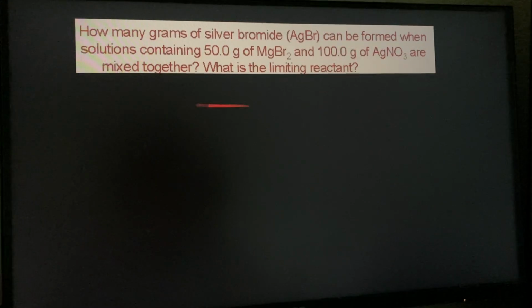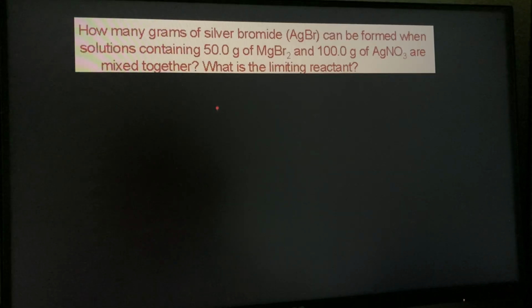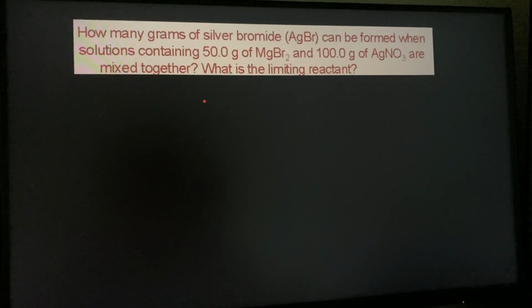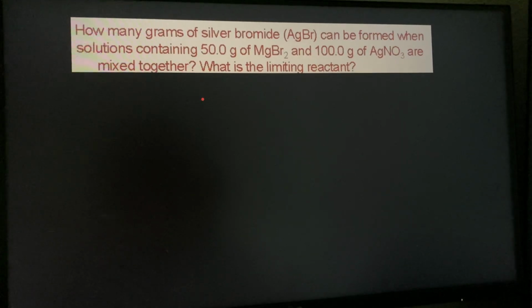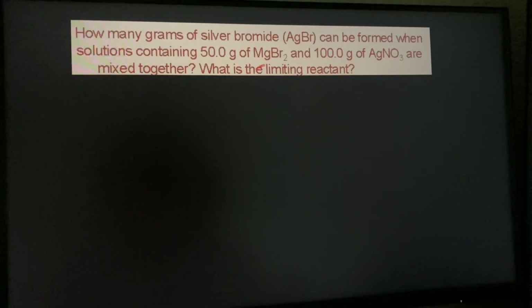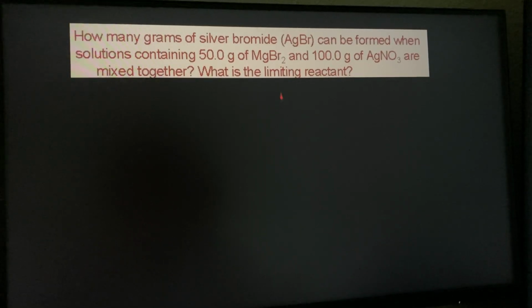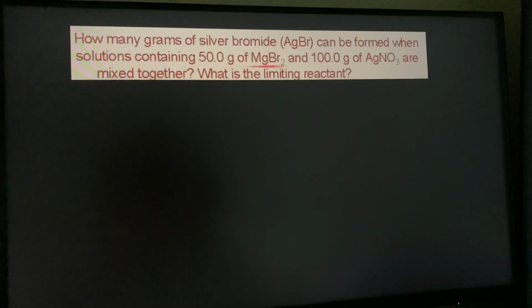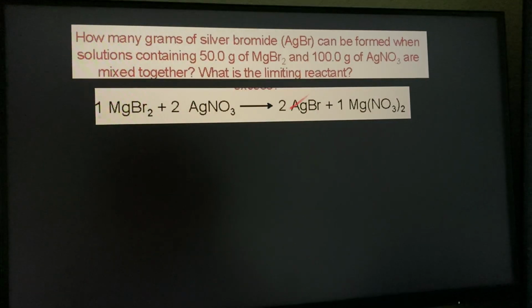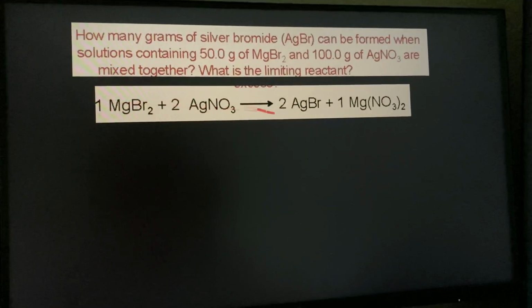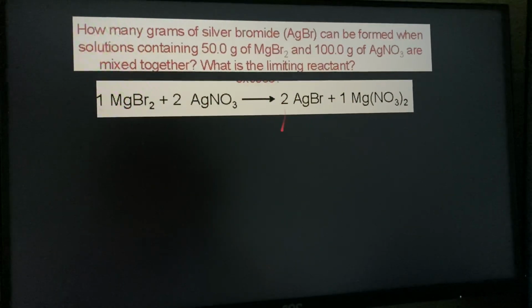Alright, for the third problem, once again, try to solve this on your own, but I'll walk through it now. How many grams of silver bromide, AgBr, can be formed when solutions containing 50 grams of MgBr2 and 100.0 grams of AgNO3 are mixed together? What is the limiting reactant? We have our two givens, and we first balance the equation, that way you can find the mole ratio.